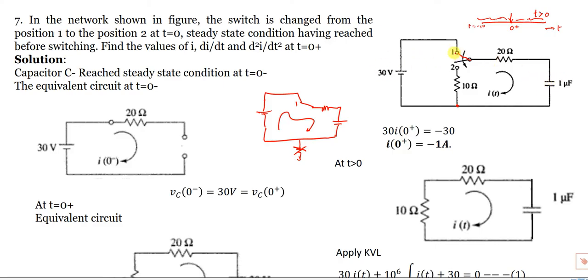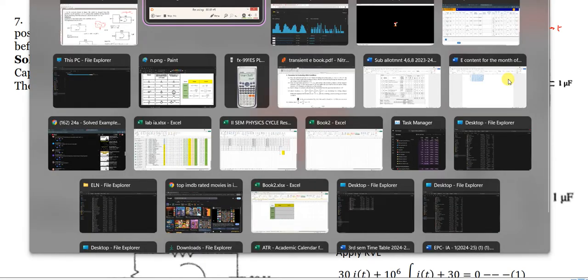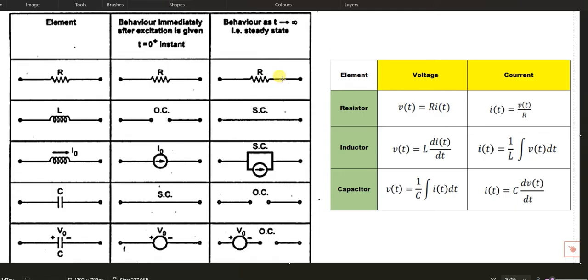That means for a long time the switch was in this position. We know that at the initial condition, just after switching, the capacitor acts as a short circuit. In the final condition, the capacitor acts as an open circuit, because the capacitor will reach the maximum voltage. So just recall the table here.